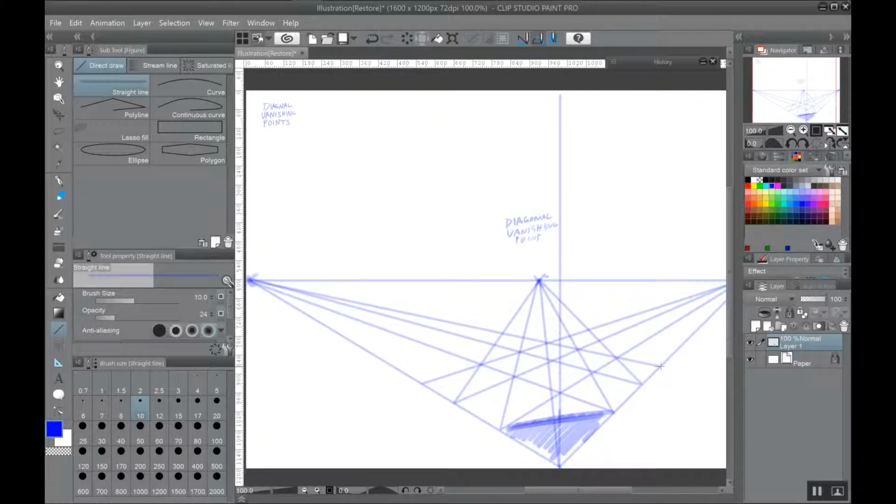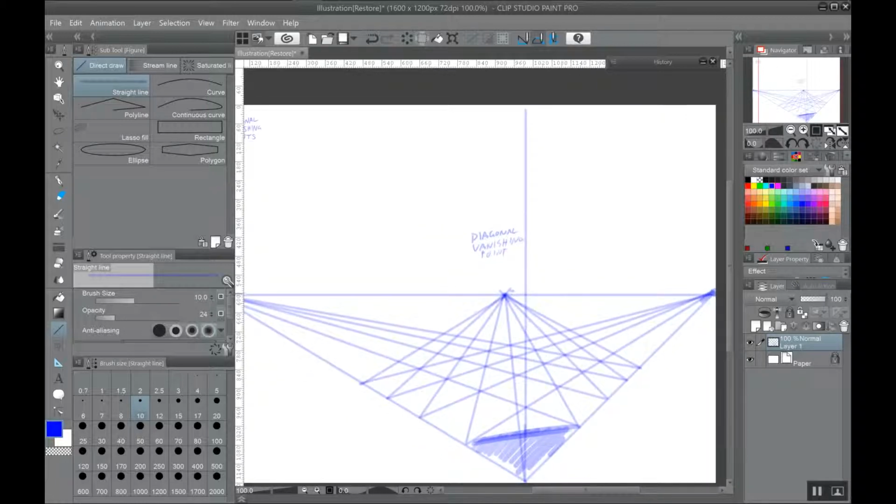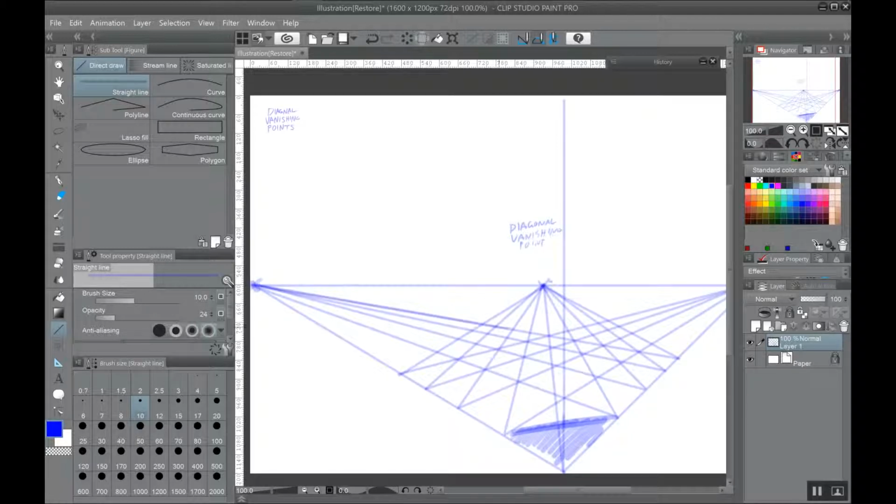Diagonal. Left and right. Diagonal. Now, it's important to intersect on the outer edge, not on the inner parts, because if you intersect on the inner parts as opposed to the outer parts, it'll be less accurate.